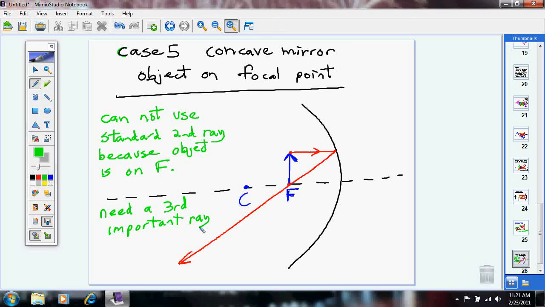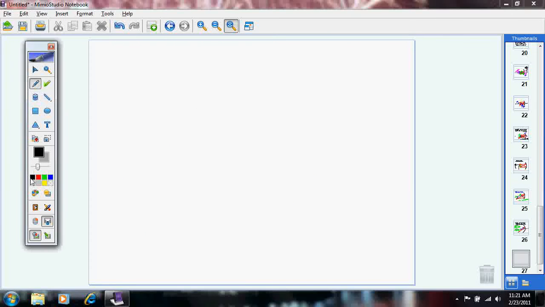So we need a third important ray. So let's take the time out, talk about this third important ray.